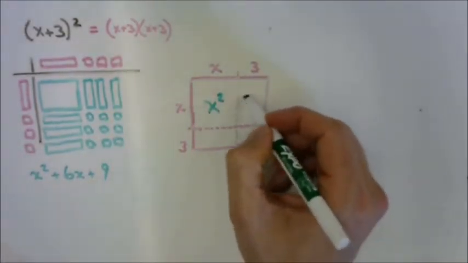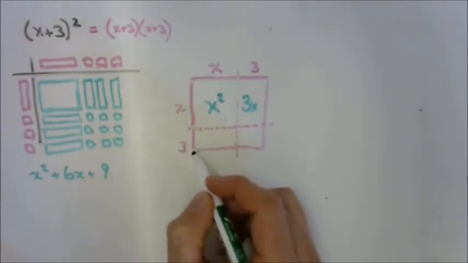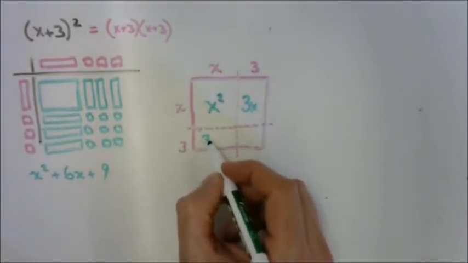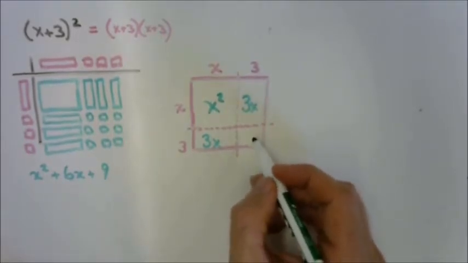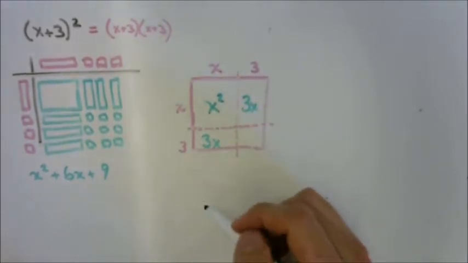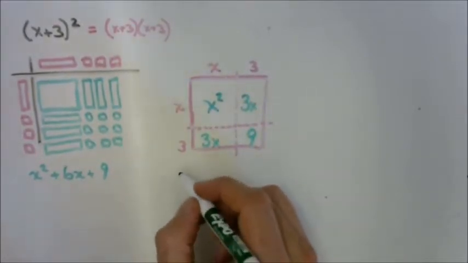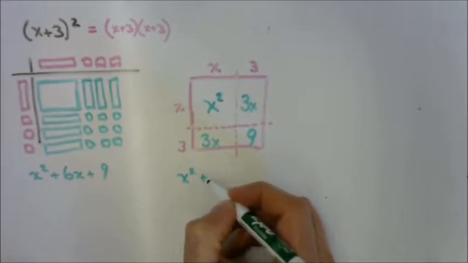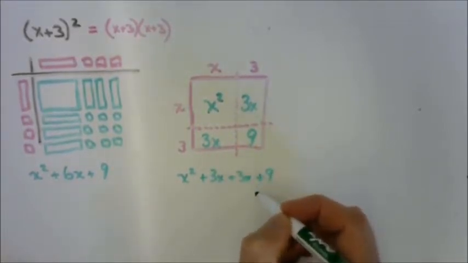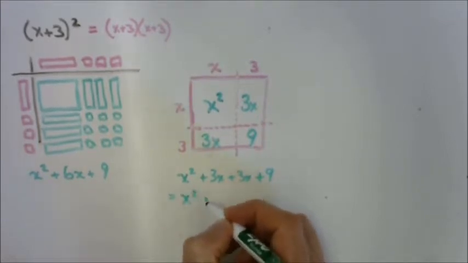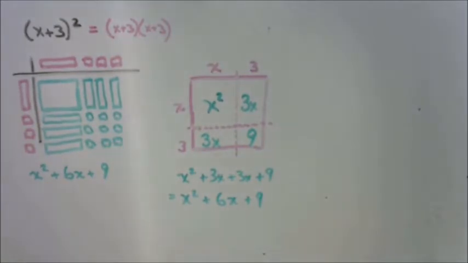This area represents 3 x's. This area down here in the bottom left also represents 3 x's. And what about this bottom right corner? What does it represent? Ones. How many ones are there? 9. There's 9 ones. 3 times 3. So here we have x squared plus 3x plus 3x plus 9, and that reduces to x squared plus 6x plus 9.